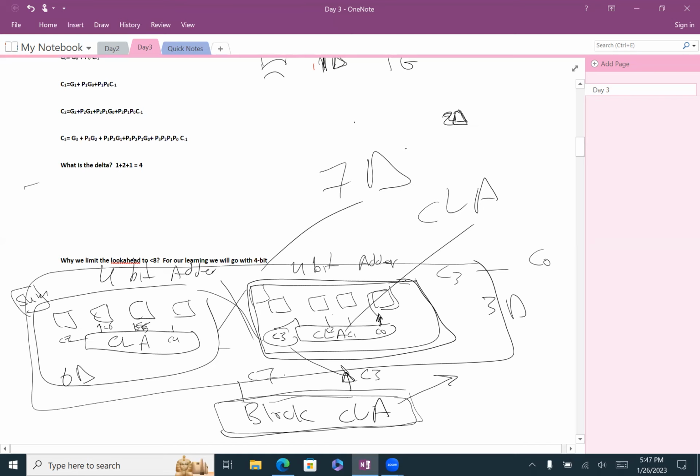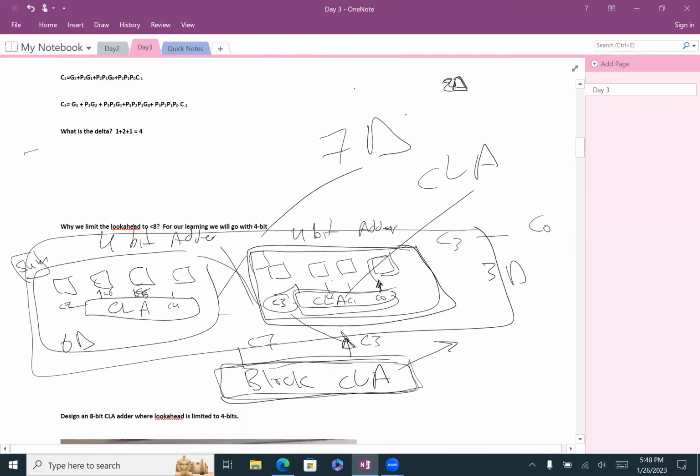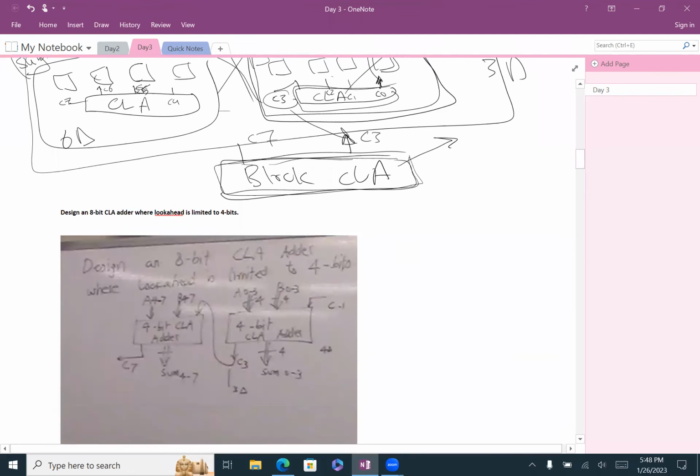Okay, but now let's do 16 bits. Because in this case, we can use the same circuit we have here, because this one is 4 bit. And can we use the same circuit? We'll show you now. So let's go here.